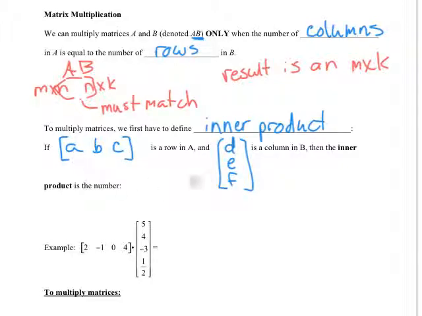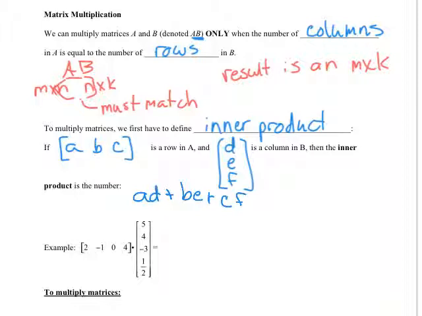We are not distributing A into all of these. We are multiplying corresponding parts, row to column, row to column, row to column. So the inner product would be this: AD plus BE plus CF.